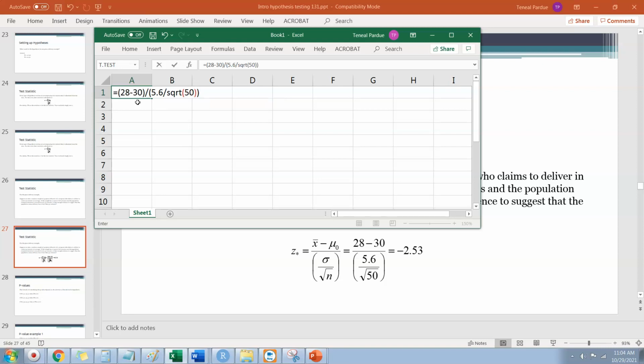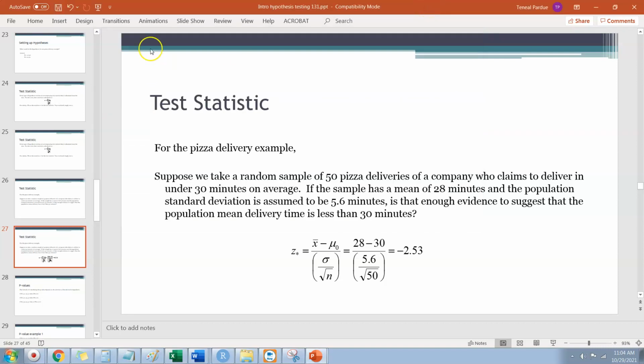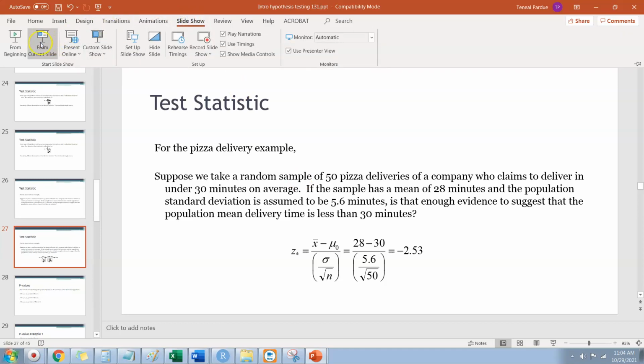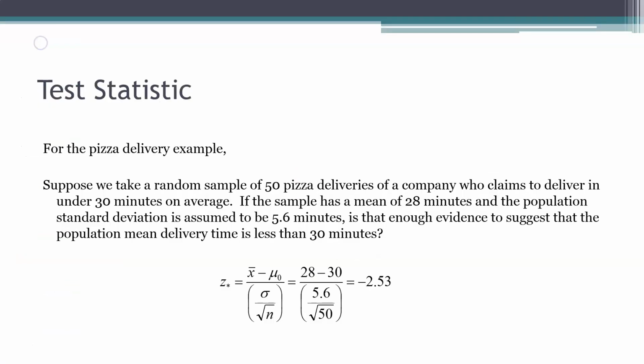And when we do that computation, we get negative 2.53. You're going to want to round that to at least 2 decimal places. More is good too. But I would practice typing that in and make sure you're getting the same value that I am. So this is easy enough. It's just a matter of plug and chug.